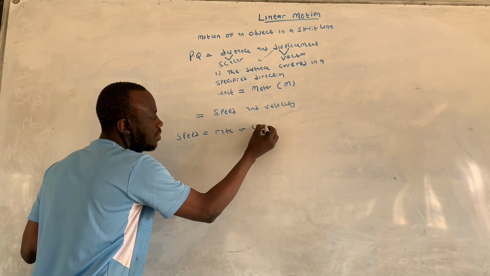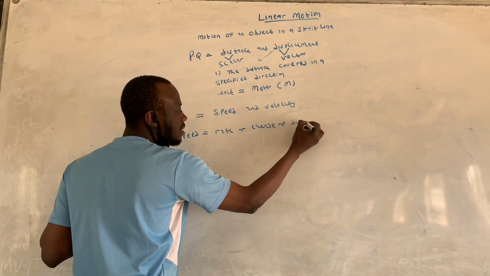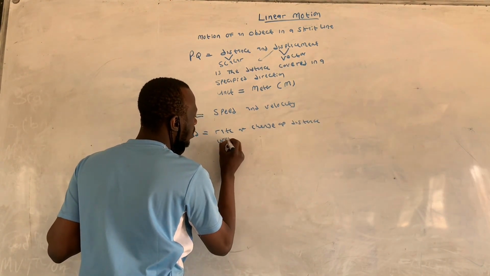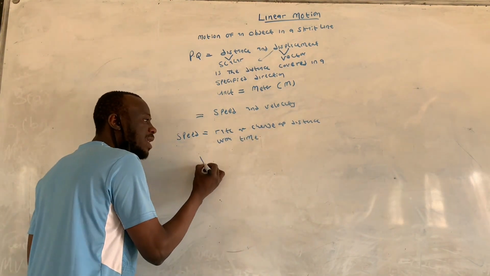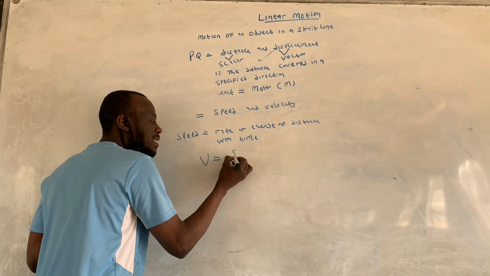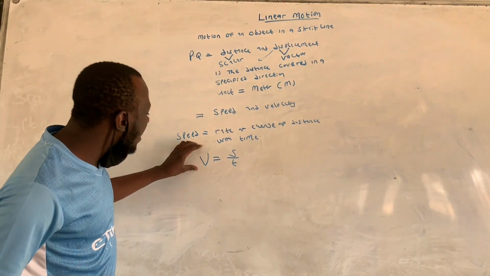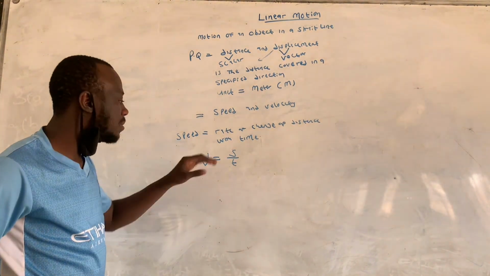Mathematically, speed v equals distance over time. Because speed is related to distance, speed is a scalar quantity.